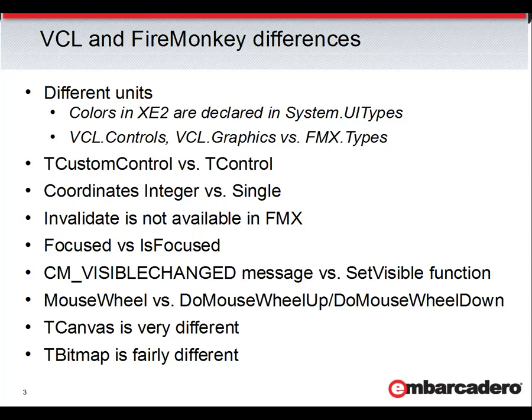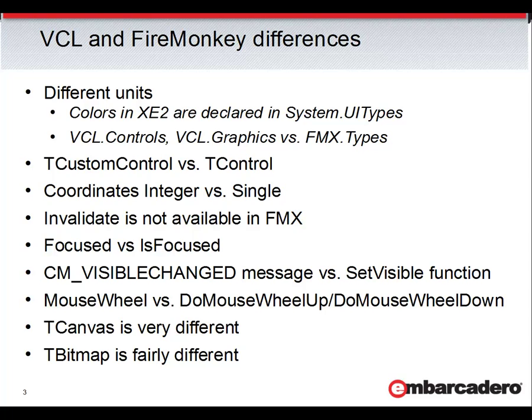The coordinate system in VCL uses integers. FireMonkey uses single. The Invalidate method is not available in FireMonkey, and we have to use methods such as Repaint to force repainting.